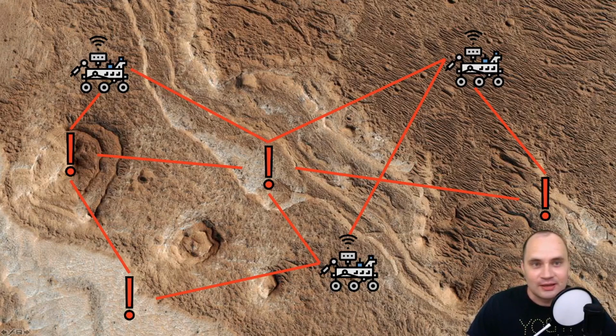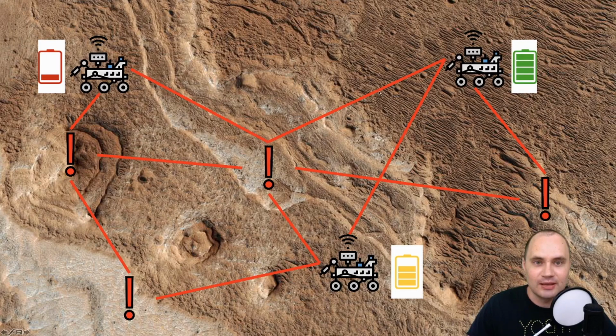Now, the catch is that the robots actually have batteries, and the batteries have different charges initially. The robots can travel a certain distance that is proportional to the battery charge. So, for instance, the robot at the top left corner has very little charge, so perhaps it won't be able to explore too many of these edges.